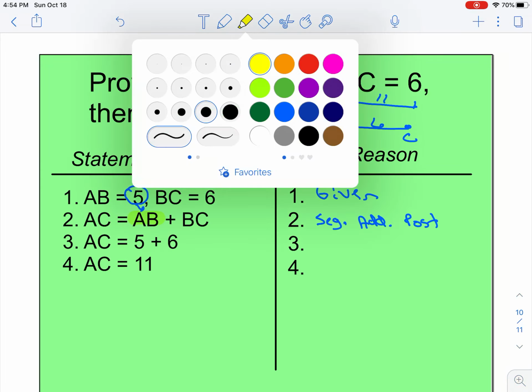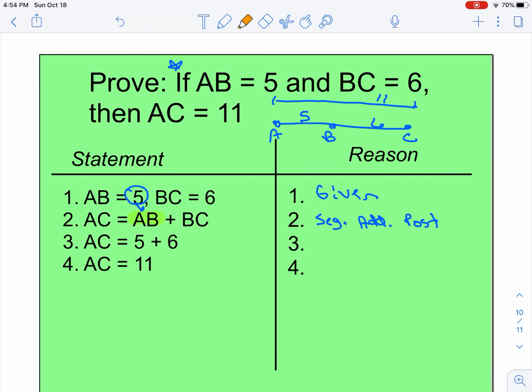And they're doing the same with BC, substituting what BC is equal to. So that is substitution. And then lastly, we just added the 5 and 6 together. So again, that's simplify using algebra.